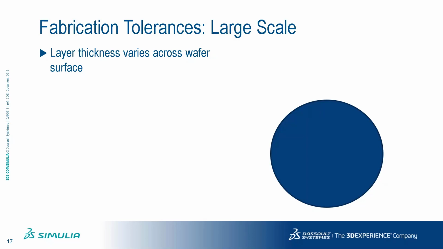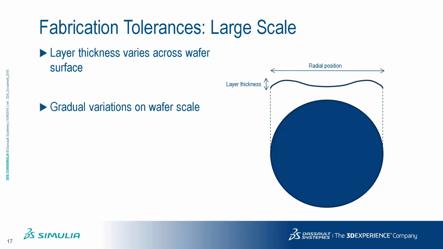Instead it varies, depending upon how the wafer was produced. If the layer was created by a spinning process, you will see some gradual variations on the wafer scale. You can see here along the radial position, the layer thickness will vary as shown like this.